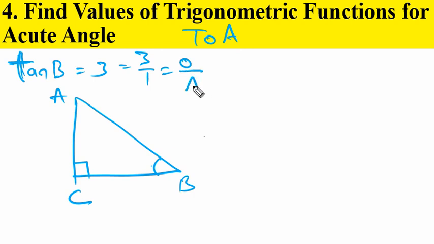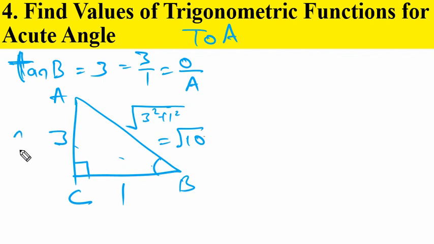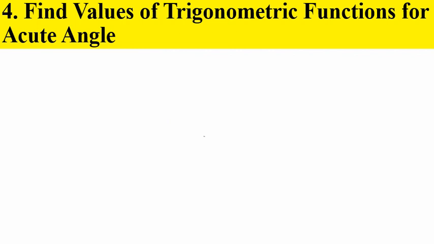Opposite over adjacent. This side will be opposite, this side is adjacent. 3 and 1, that will give you the square root of 3 squared plus 1 squared, which is 9 plus 1, 10, square root of 10. So that's how you do it, right? You start from here: opposite, adjacent, hypotenuse. Now you can find the remaining functions. That will be too easy for you guys.